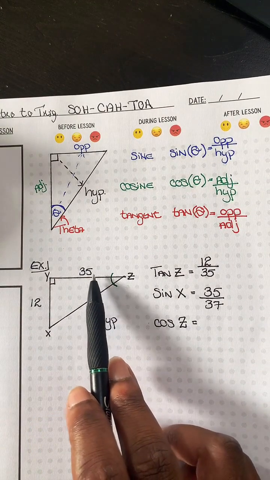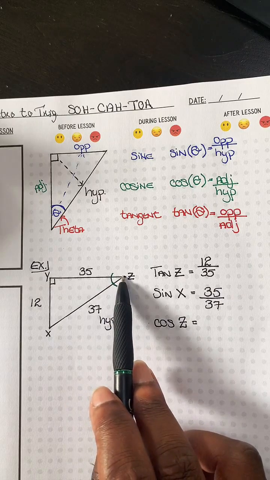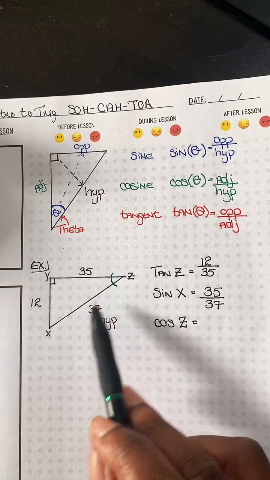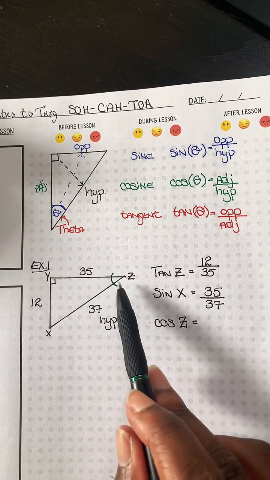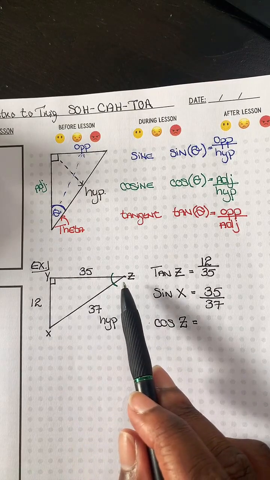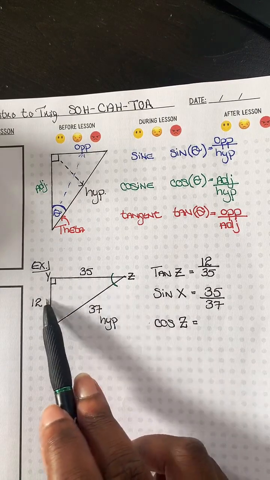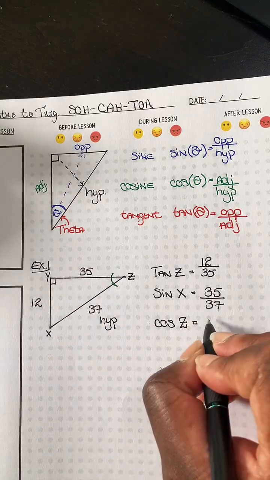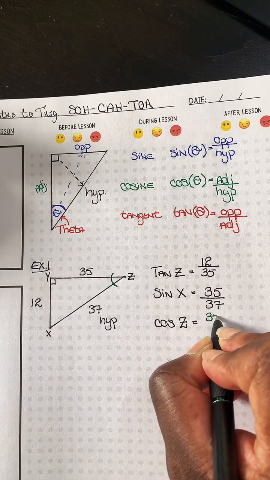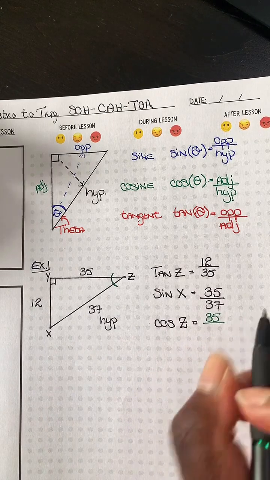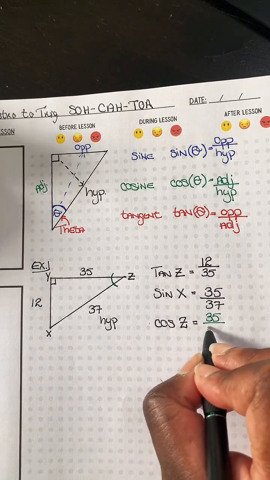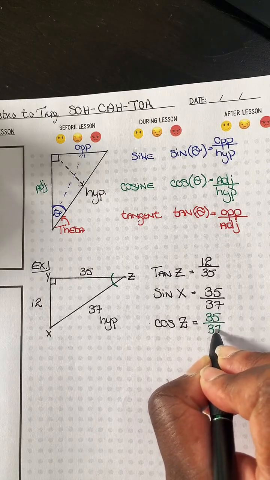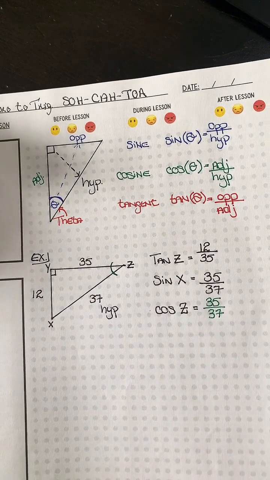The adjacent is the side that's next to. And you're probably saying, well, this side's next to too. But this is my hypotenuse. Okay? We're looking at what's happening to the legs here. So since we have our adjacent, that gives me 35 over my hypotenuse, which is 37.